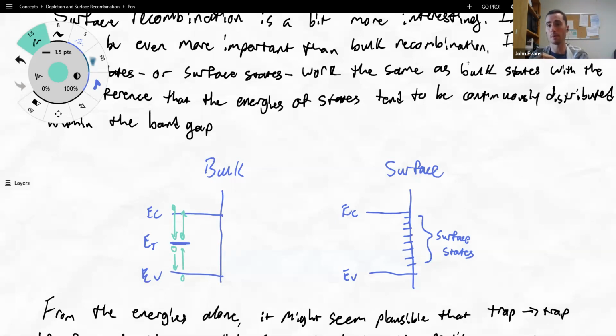And what we were sort of saying is, if there's even one state in the way, like let's say I want to promote an electron from down here to up here, if there's anything in the way, it might catch that electron. And once you have an electron in this state here, you can move it around. And you can jump in between states.